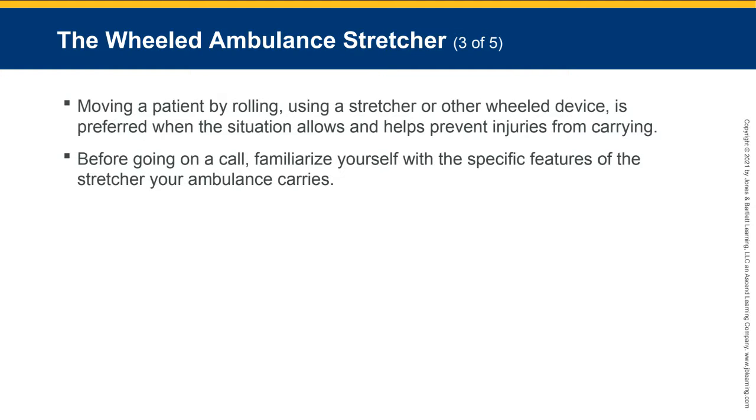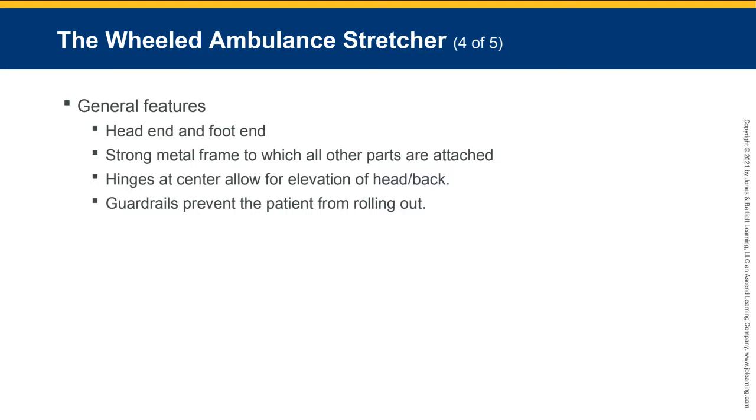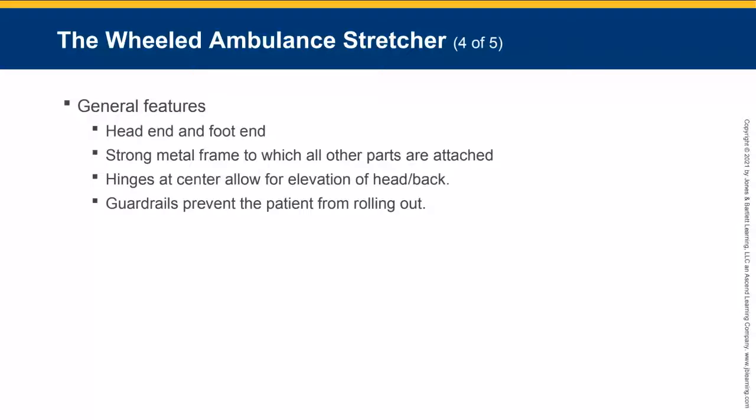By itself you can, but once a patient is on it, it must be a two-person operation at least. We have newer types of stretchers which are motorized. To an extent, you can use one person. With the non-motorized ambulance stretcher, it's definitely going to be a two-person operation.